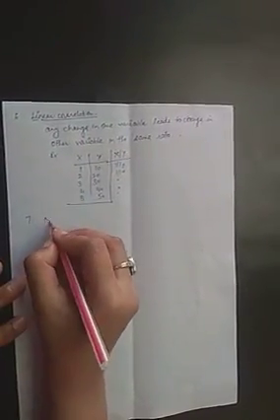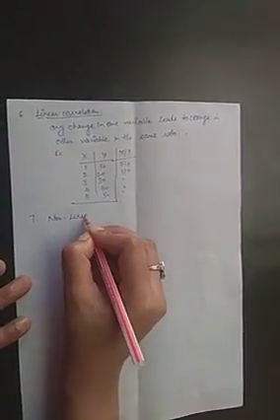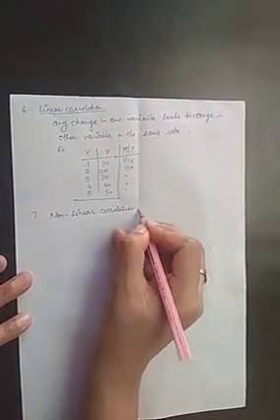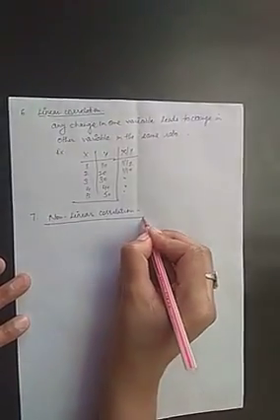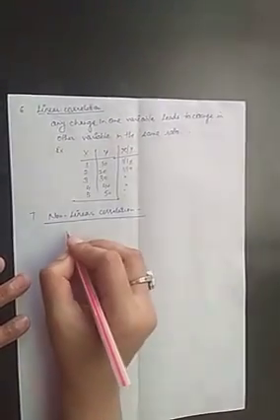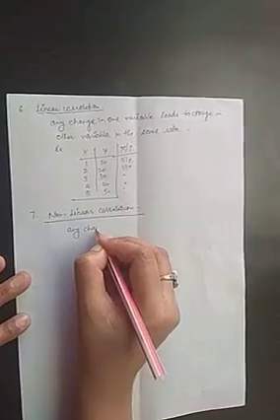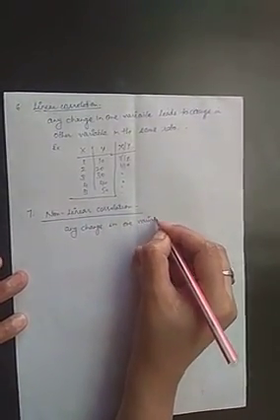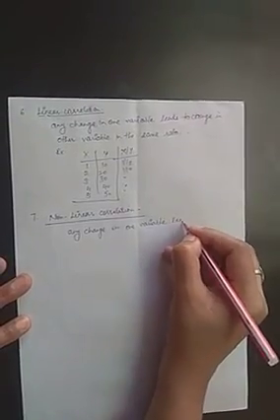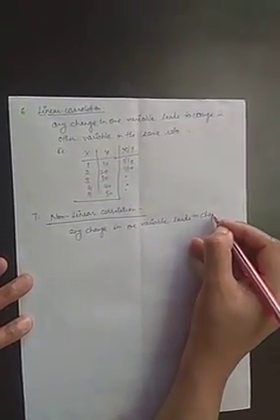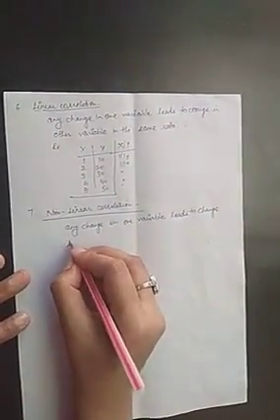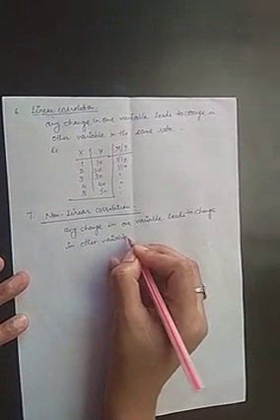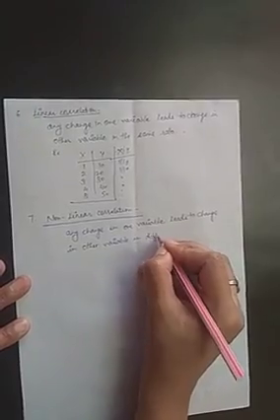And the last one is the non-linear correlation. It is a situation in which any change in one variable leads to change in the other variable in a different ratio.